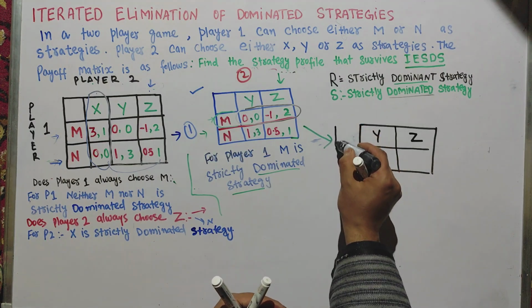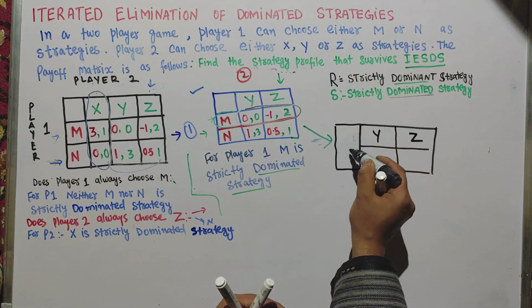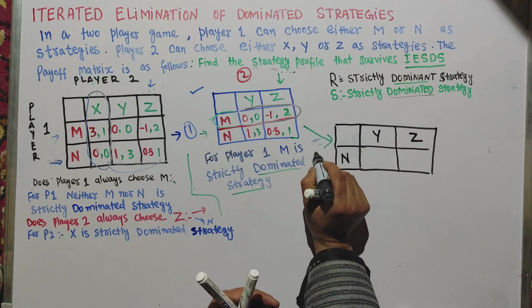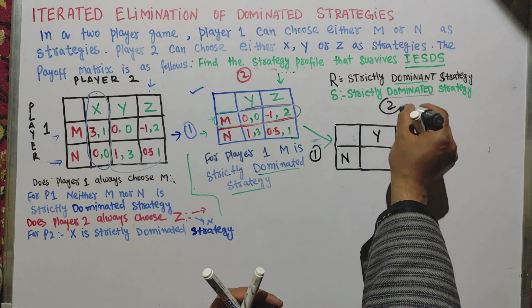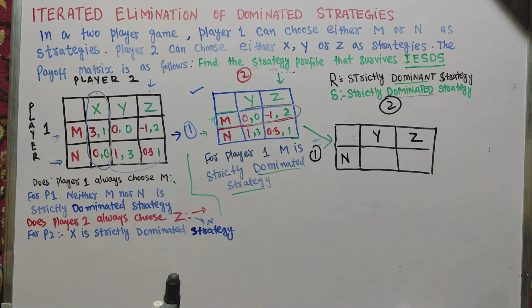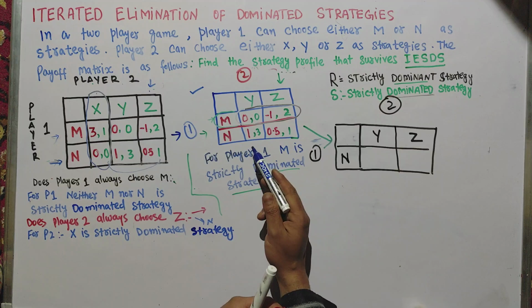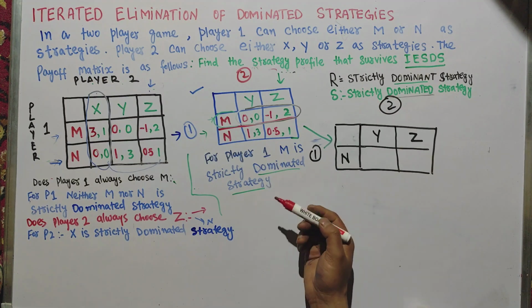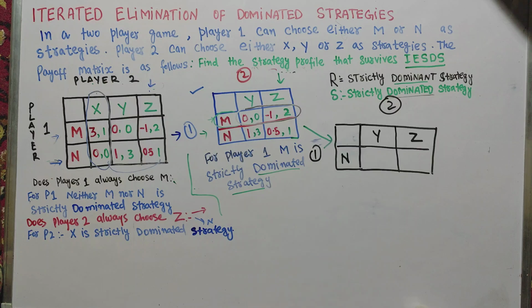So we have the N strategy left for player 1, and for player 2 we have Y and Z. I know it's getting lengthy, but I just want to make sure that I am clear to you.